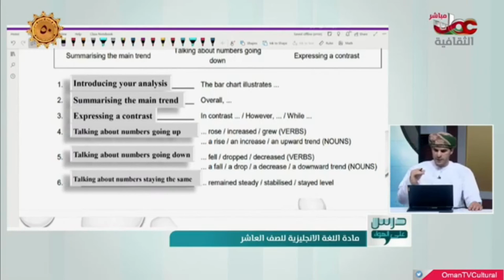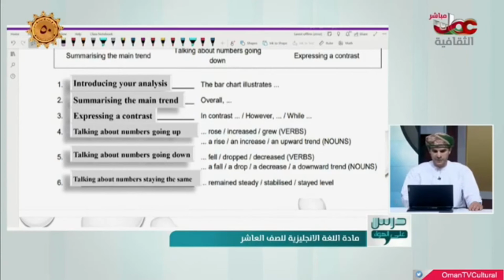If you are using nouns, it's a rise, an increase, an upward trend. When you are talking about numbers going down, with verbs, it's fell, dropped, decreased. If it's a noun, a fall, a drop, a decrease, a downward trend.